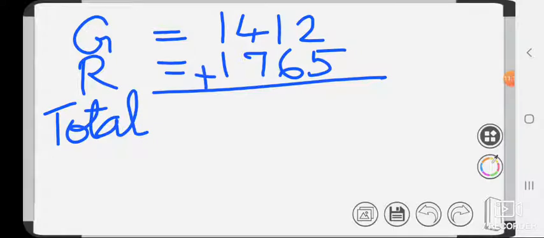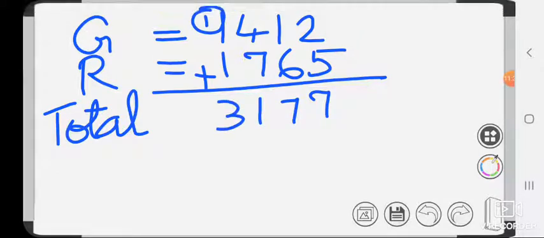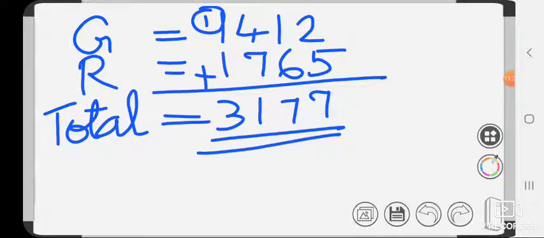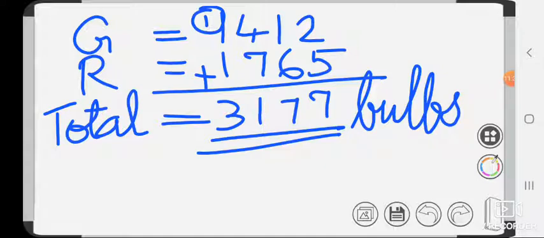That means we want to add. Adding, what will we get? 7, 7, 1 carry over. Now 3. So what is the total number? 3177 bulbs will be there in the long chain of lights.